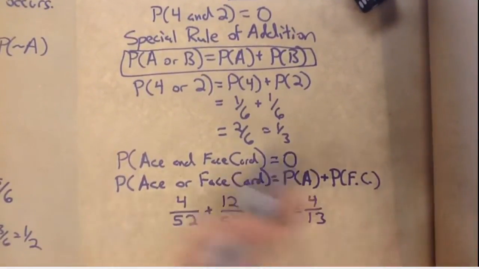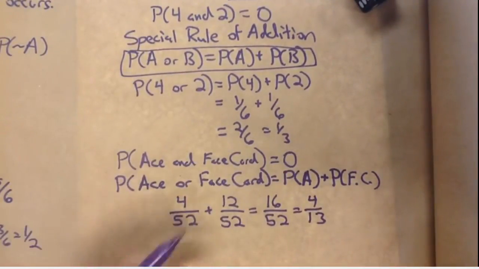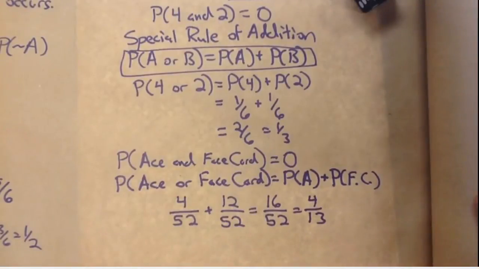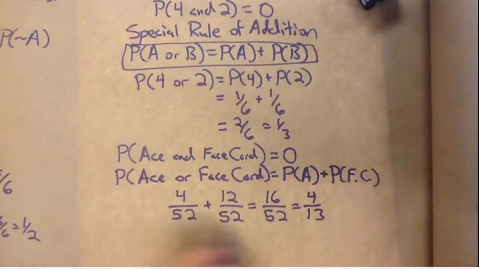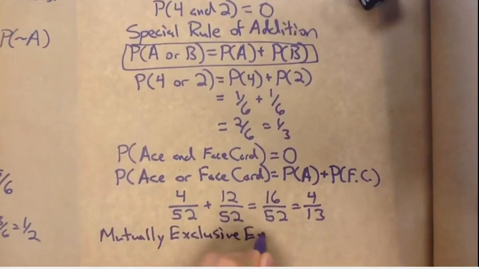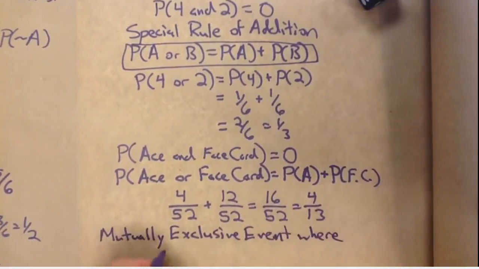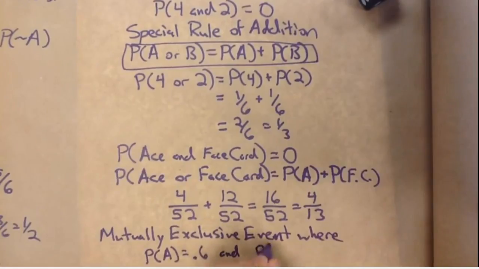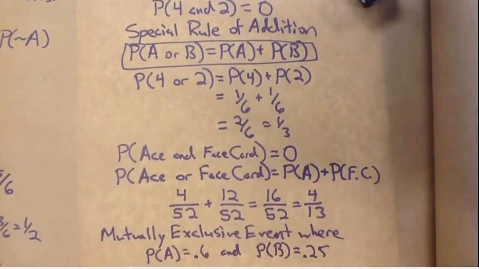Now, we may see it in terms of cards or dice, but we also may start to see it in decimal form. So let's say I had a mutually exclusive event where the probability of A was 0.6 and the probability of B was 0.25.